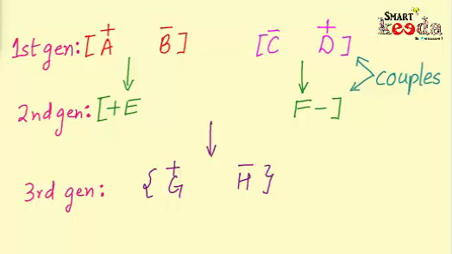Now we have a downward arrow from E and F, which represents that G and H are offspring of E and F, where G with plus sign is male and H with minus sign is female, and they both are in curly bracket, which means that G and H are brother and sister respectively, and we can represent them as siblings.